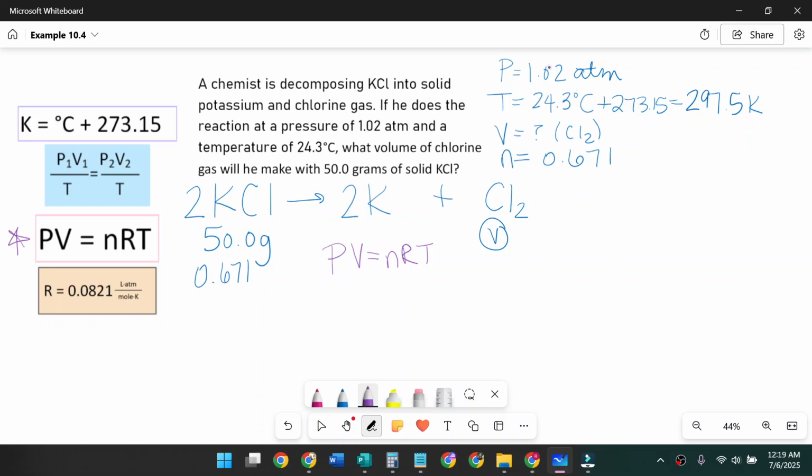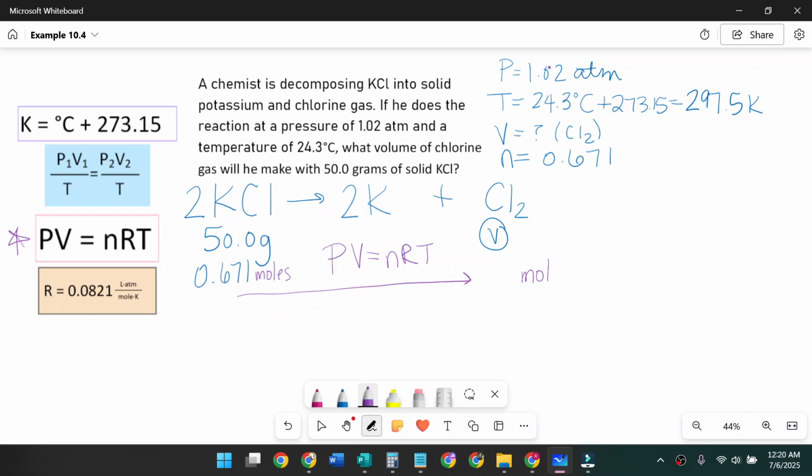So let's convert this, which is moles of the potassium chloride, into moles of chlorine. So because we have 2 and 1, we're going to take this number and we're going to divide by 2.